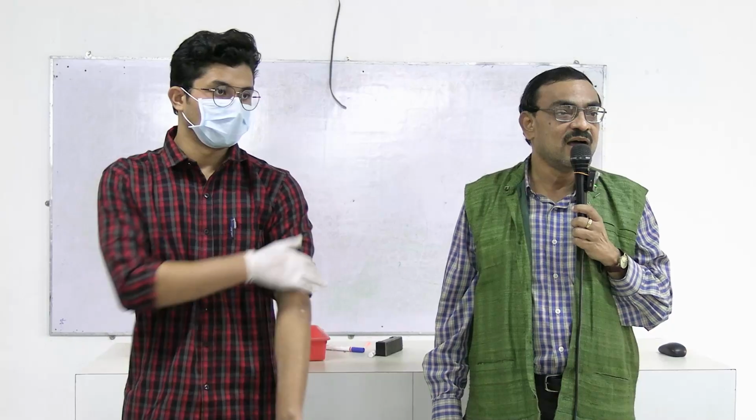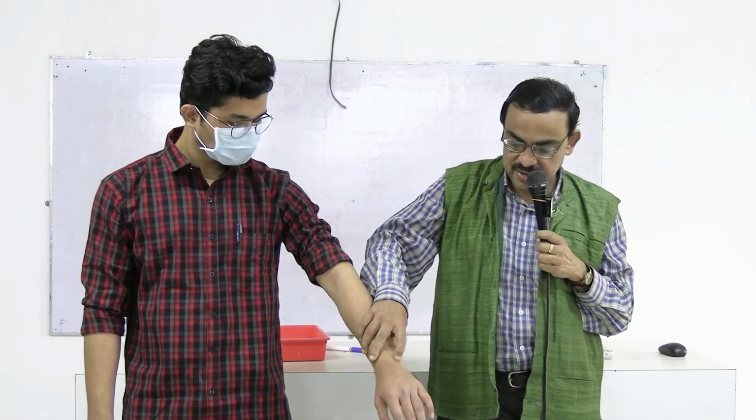Next is head of the ulna. In the extended wrist, just at the back of the wrist, we can find one bony prominence.